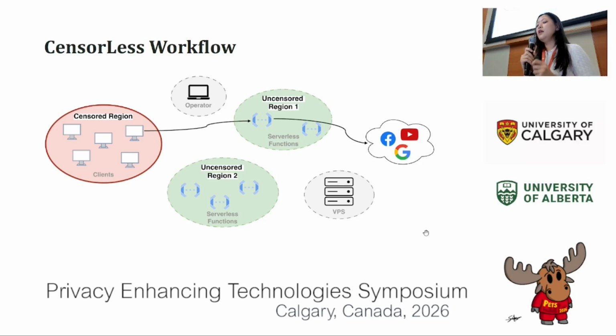So here is the simple workflow of CensorLess. The clients in the censored region route the traffic to the serverless bridge in an uncensored region, as in any other one-hop VPN service. As the serverless bridge uses an ephemeral IP address, container, and storage, the censorship resistance property comes for free.